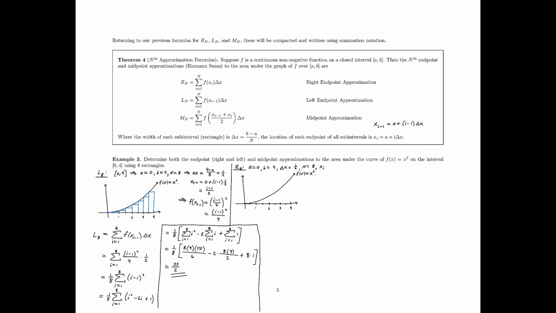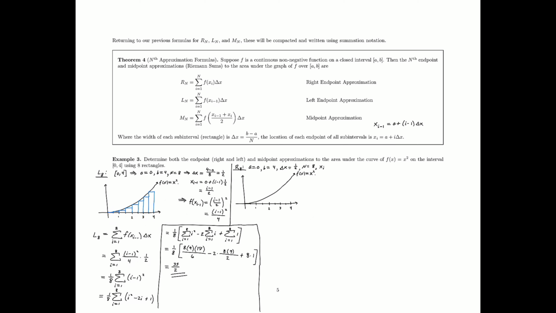So the difference here is when we are at the first rectangle, we're using this first point here for the right endpoint approximation, but for the left endpoint approximation, we're going to use this point. So when you label these little tick marks here, we start with 0, x1, x2, x3, x4, all the way up through x sub n.